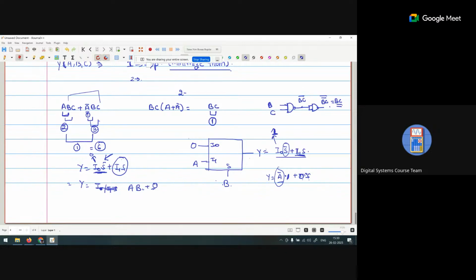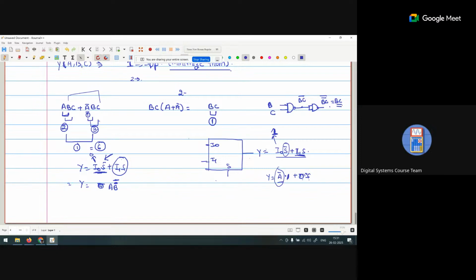Or if I write it as A, B bar and B bar, that is AB. Not AB whole bar, only A, B bar and B bar. So two times B bar is simply AB.